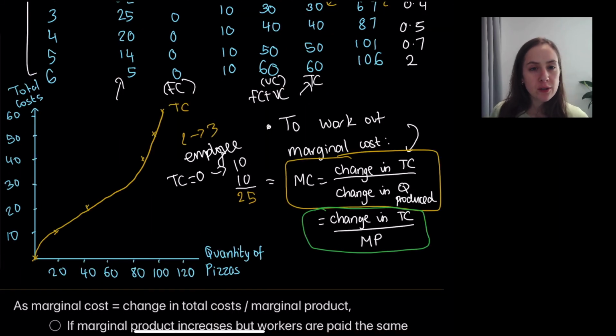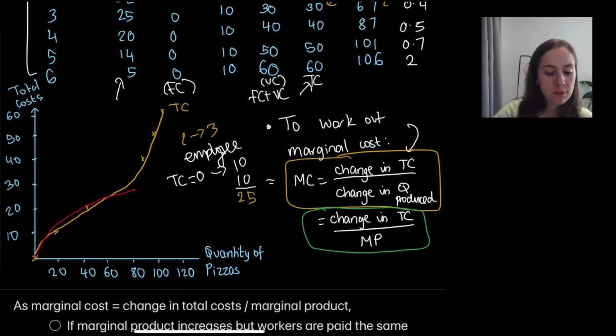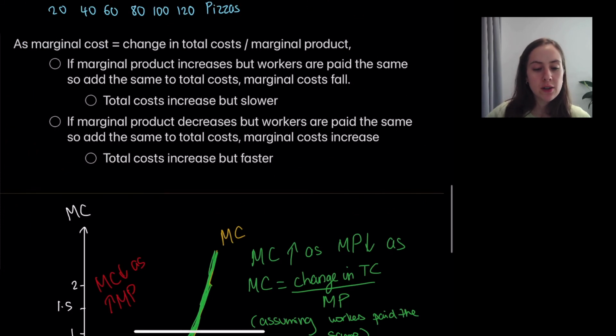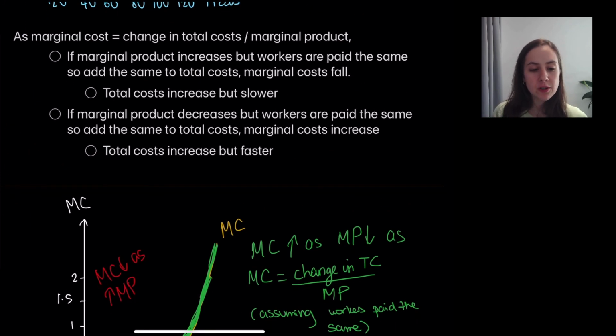And if you were to plot total costs, it looks like this graph there on the left. It increases, but it slows down in the beginning, and then it starts to go faster and faster and faster. So, marginal cost is your change in total costs divided by your marginal product. If marginal product increases, but workers are paid the same, so you add the same to your costs, marginal costs fall.